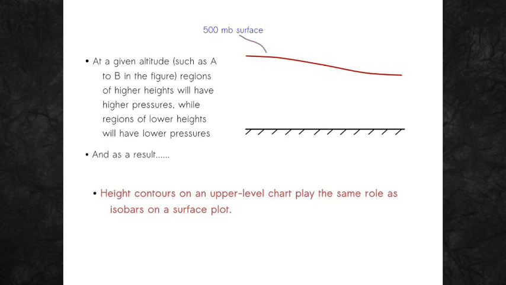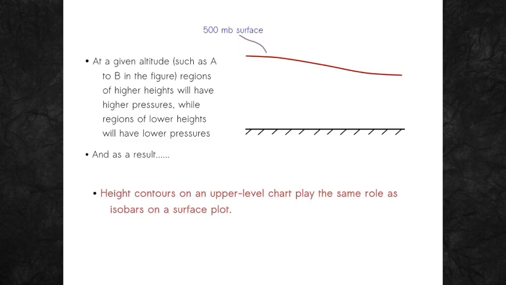So we've got a little schematic over here, and this is showing a view from the side, a cross section, and we've got the ground down here, and this red line is my 500 millibar pressure surface. So everywhere along that line, pressure has a value of 500 millibars by definition. And I want to go and compare pressures to see where pressure's higher and lower generally.